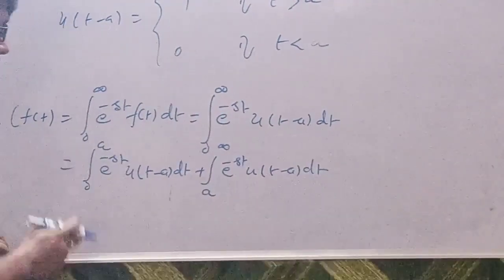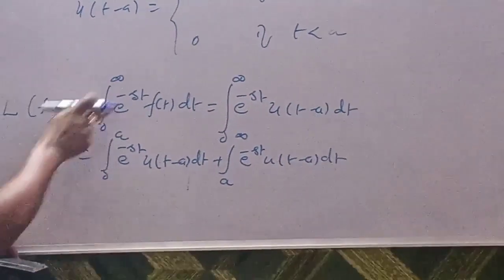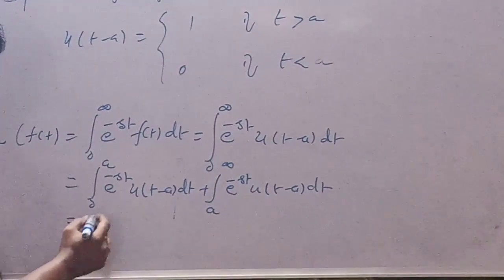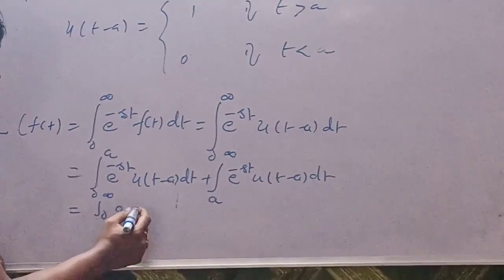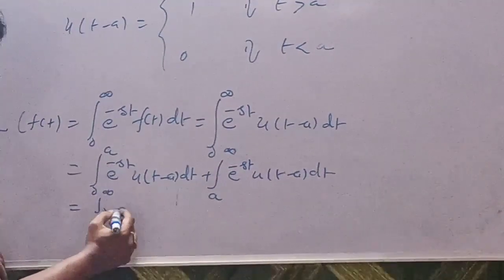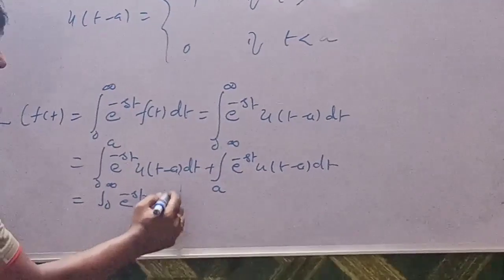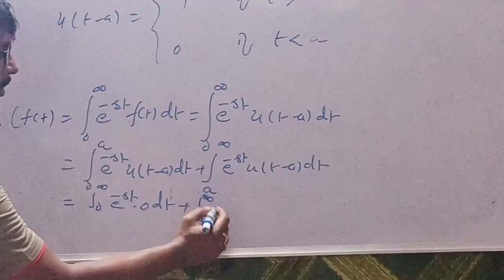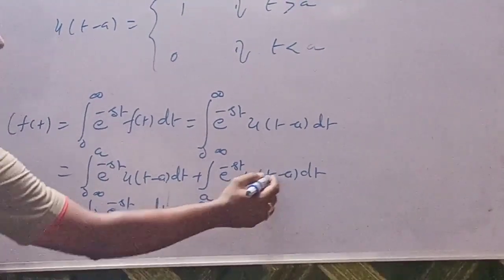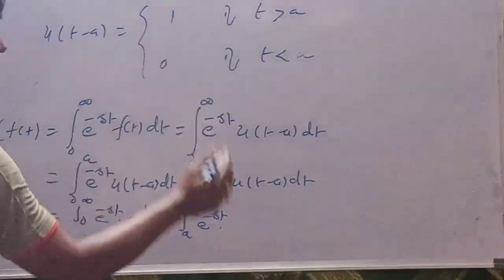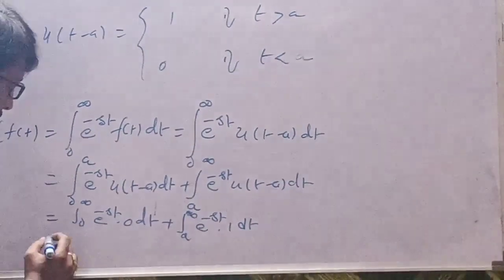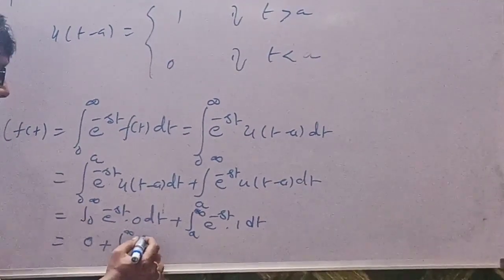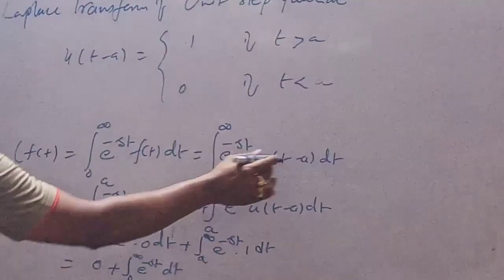When t lies between 0 and a, its value is 0, so the first integral is 0. The second is the integral from a to infinity of e to the power of minus st into dt, because for t greater than a the value is 1.